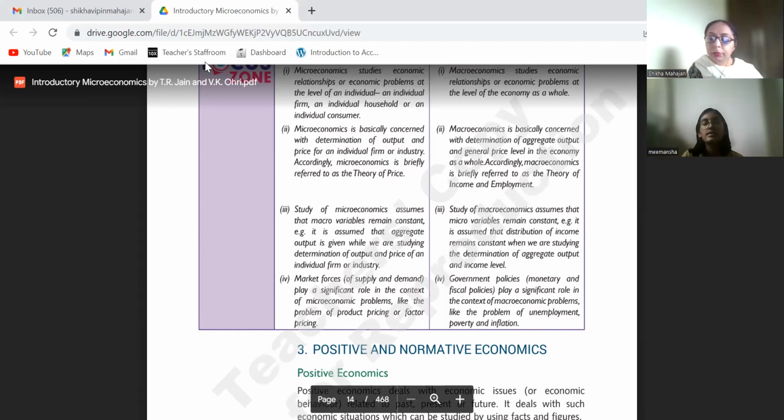Market forces of supply and demand play a significant role in the context of microeconomic problems like the problem of product pricing or factor pricing. And in macroeconomics, government policies play a significant role in the context of macroeconomic problems like unemployment, poverty, and inflation.